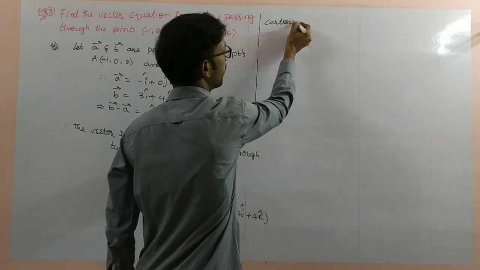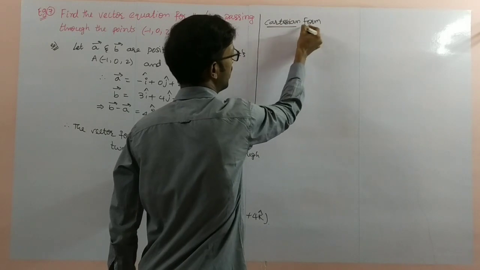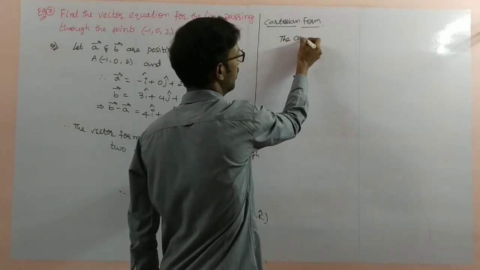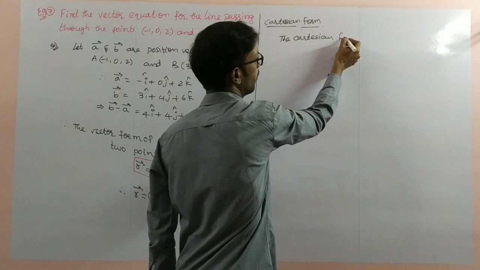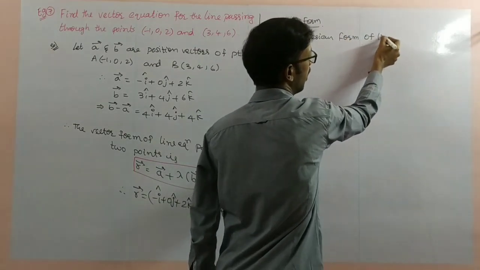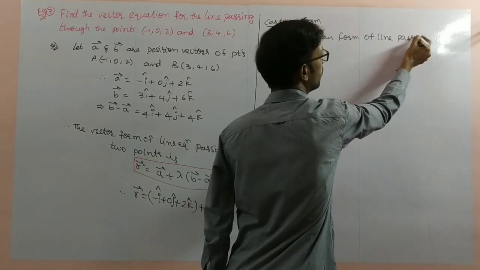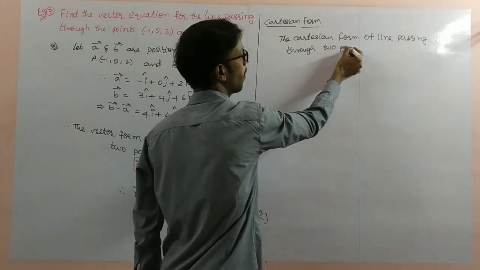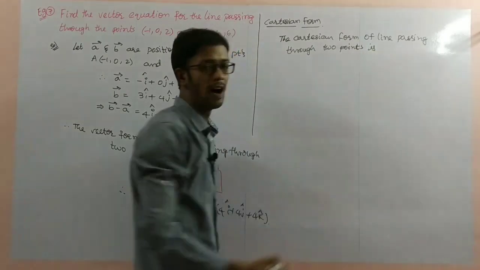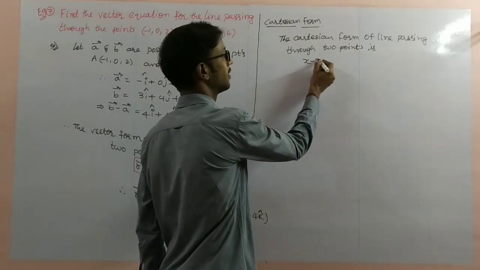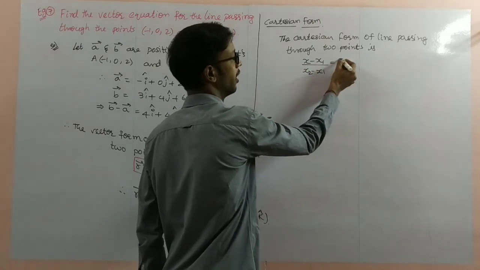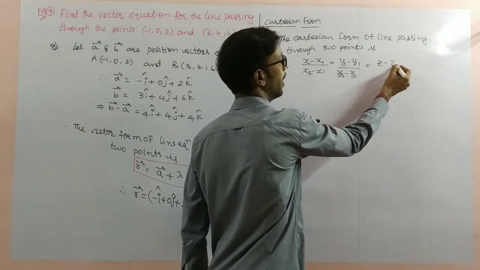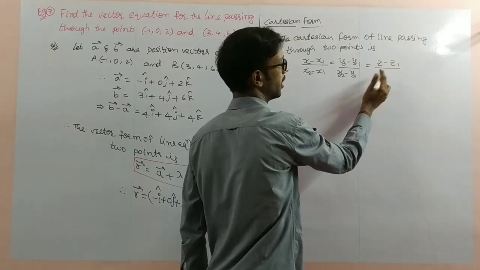The Cartesian form of a line equation passing through 2 points is the formula we just discussed: x minus x1 by x2 minus x1 equal to y minus y1 by y2 minus y1 equal to z minus z1 by z2 minus z1.